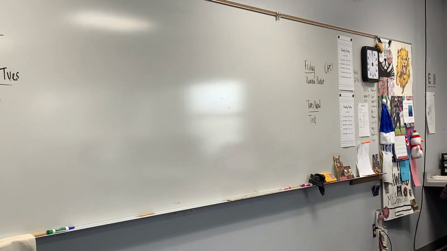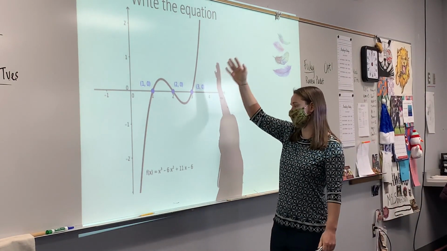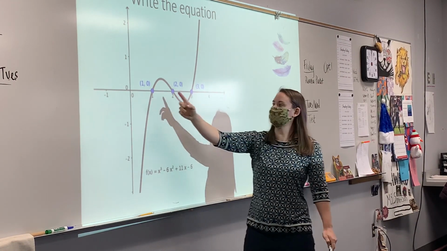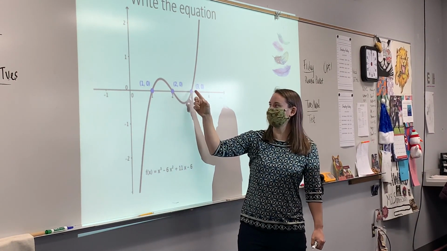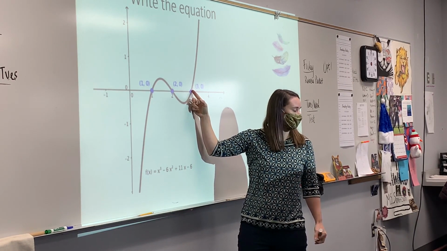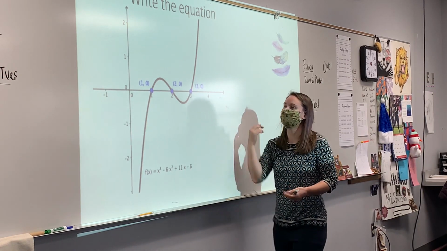So if I have a graph that is given to me, and I ask you to write the equation, it's important to note that I have these 3 points which are called what? Zeros, or solutions. Both are the same thing.